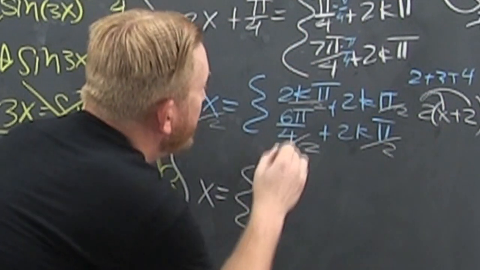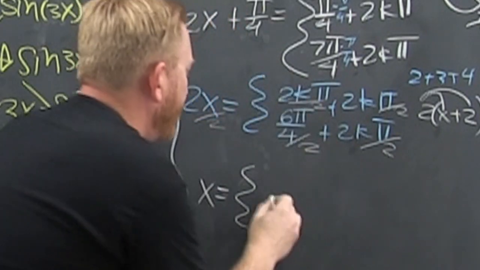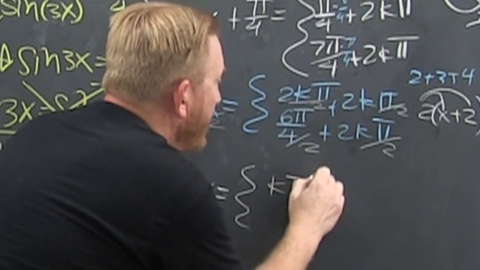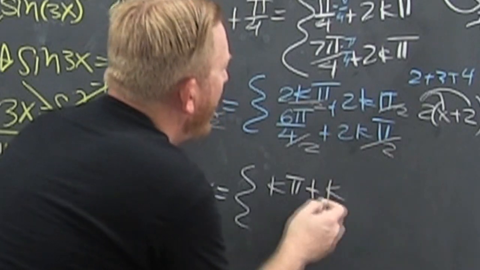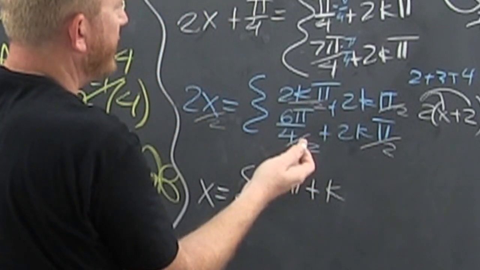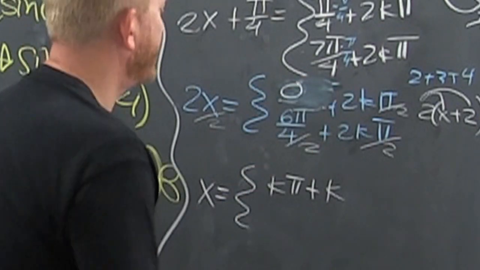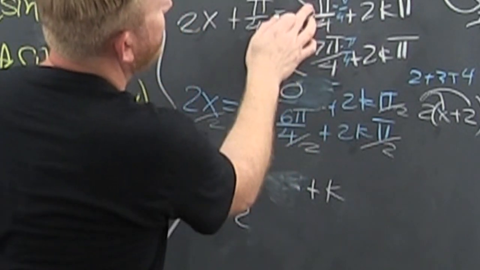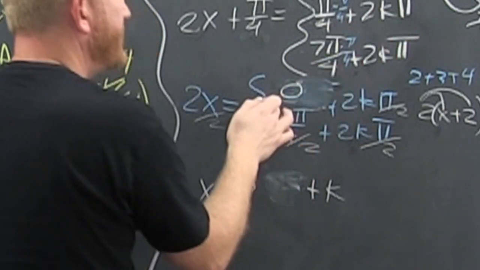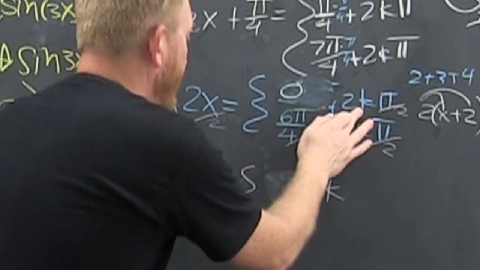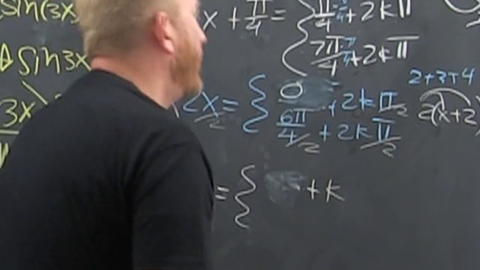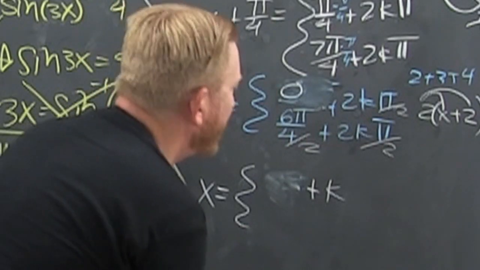That's going to be, wait for it, k pi plus... why is there a k there? There shouldn't be. Call it 0. Because the pi over 4 and the pi over 4 just left the 2k. I guess I could have erased that one. That was the redundant one. Is it a duplicate case?